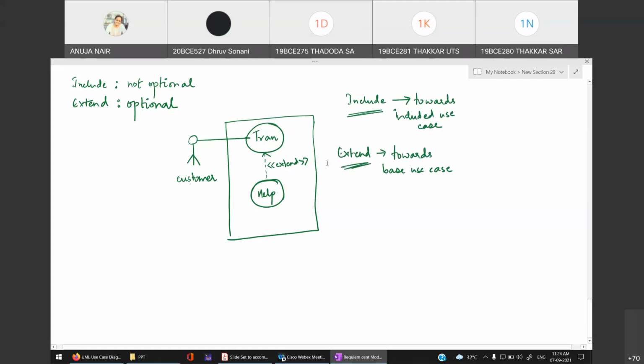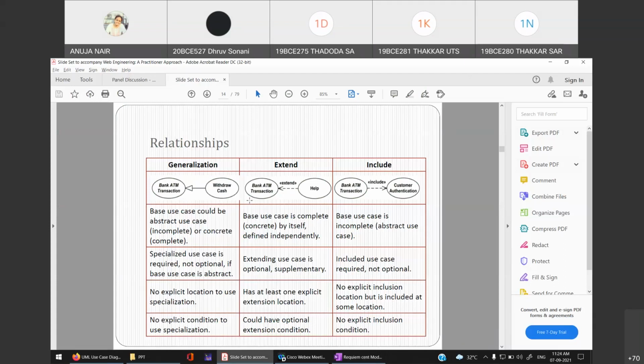Now if I want to take help, I will use that use case. If I don't want to, this particular use case is basically your optional use case. That is why the base use case is complete. You have studied concrete classes in Java, right?